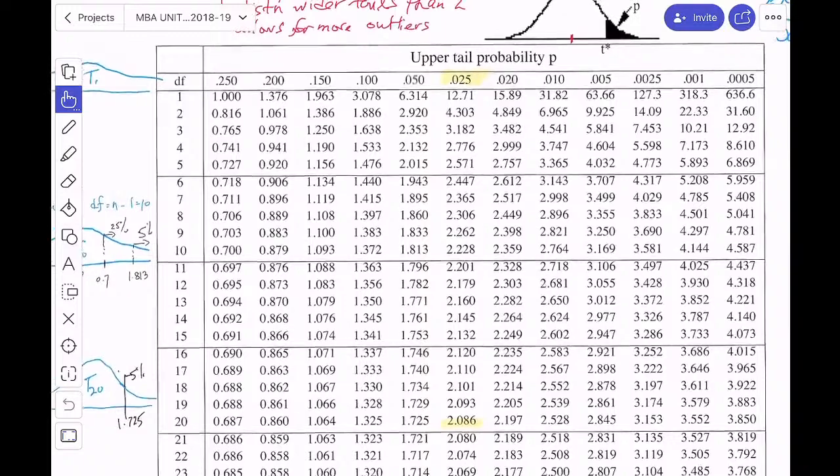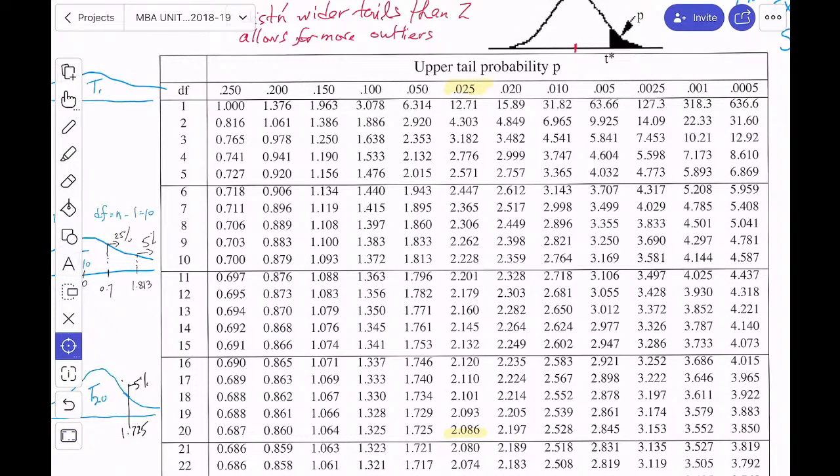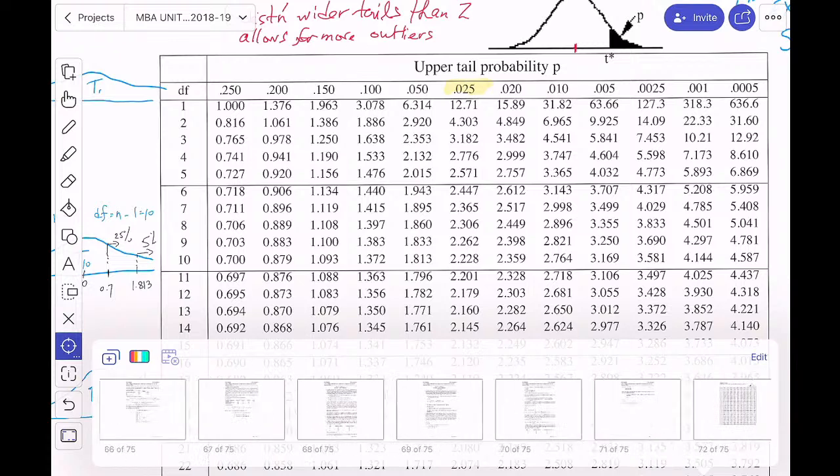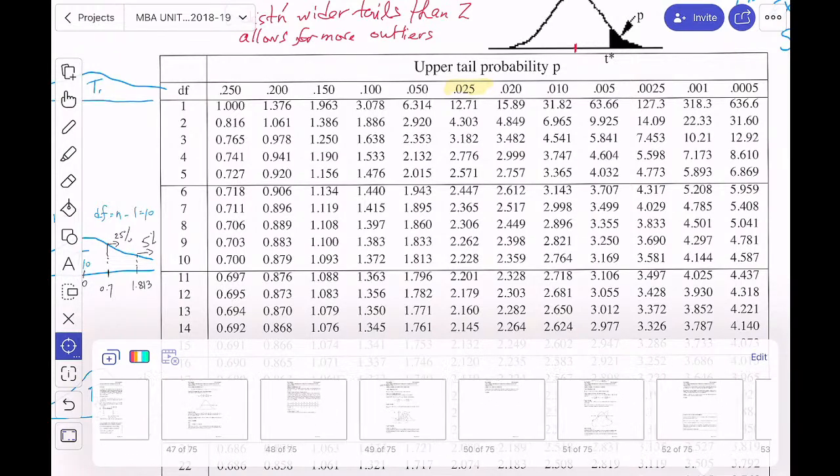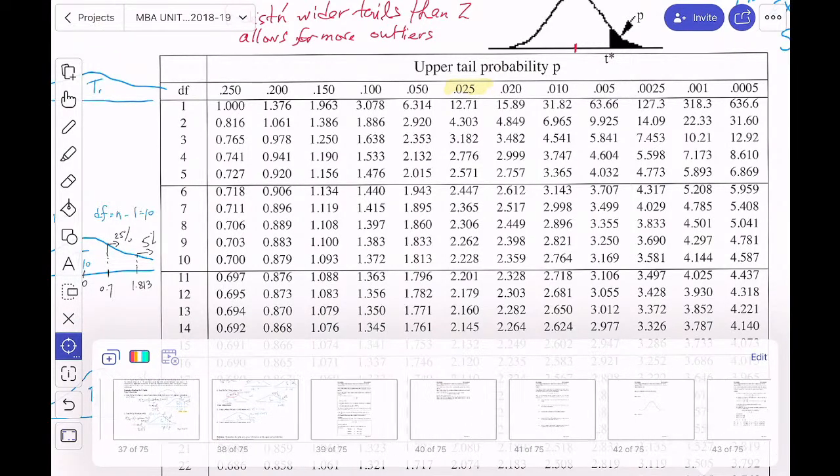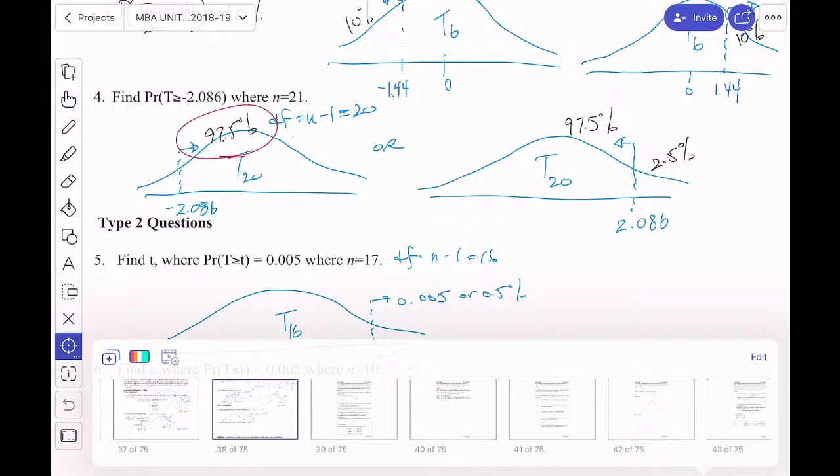So I just go to the top and I look for that number, and then I go all the way down to 16.